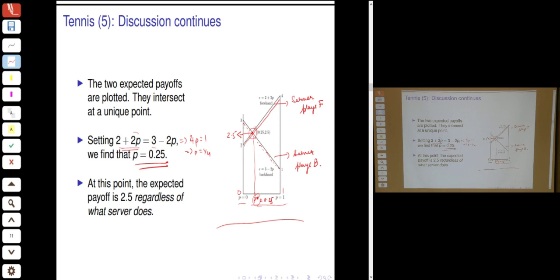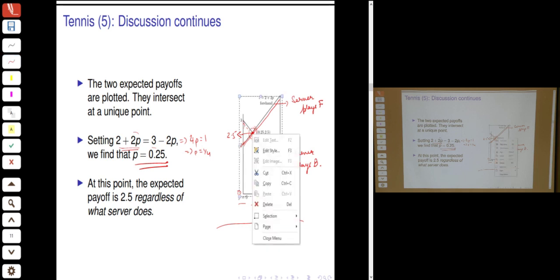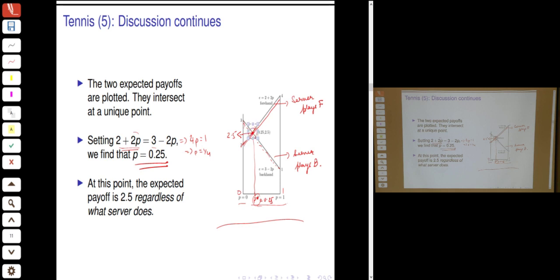So, if the server chooses the value p star for mixing his forehand and backhands, then his payoff, if the opponent plays f, is 2.5, because this point lies on the increasing curve. But if the opponent plays the backhand, even then the payoff is 2.5, because this point is also lying on the decreasing curve.